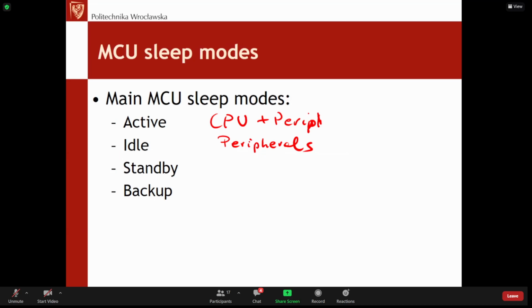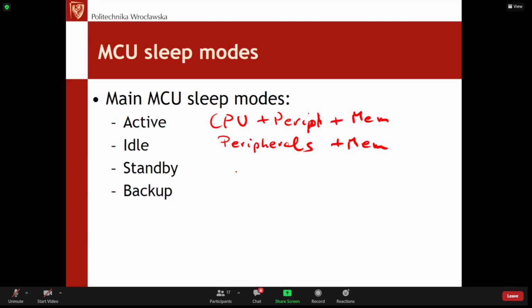This is what we call idle mode. Then the power consumption of the microcontroller reduces significantly. In all those cases, I forgot to say, the memory is running. Program memory is not that important and can be switched off, because we have no program to run while the CPU is inactive.